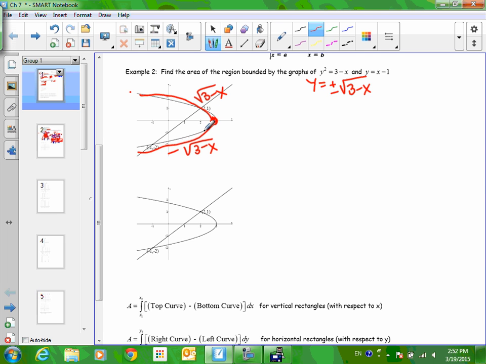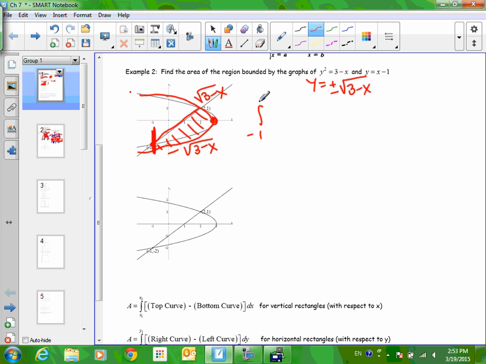If I try to make this problem work, look what happens here. If I want to find this area, and I try to do it the way I did the others, look what's going to happen. I don't care if you write this down or not, but I want you to watch. What is the left number? There's no vertical line, but I can still see that the left number is -1, right?